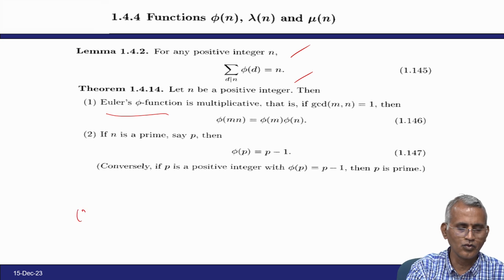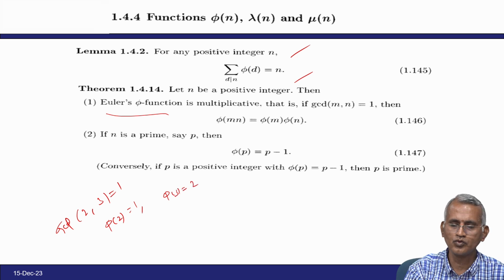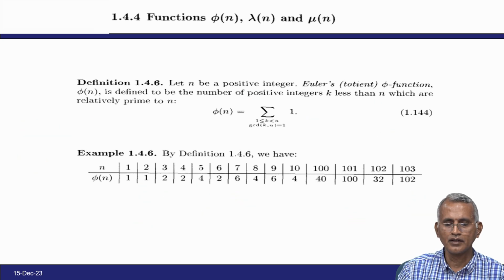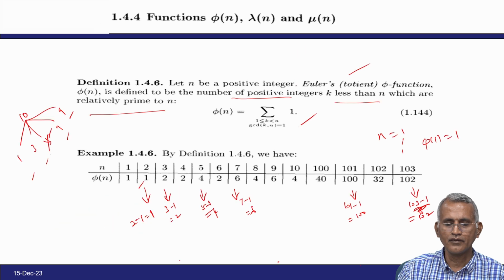You take 2 and 3. The GCD of these numbers is 1, and phi of 2 is 2 minus 1, which is 1. Phi of 3 is 3 minus 1, which is 2. Now take phi of 6. Phi of 6 is 2, keep it in mind.